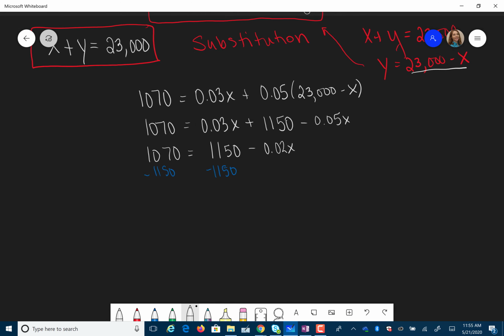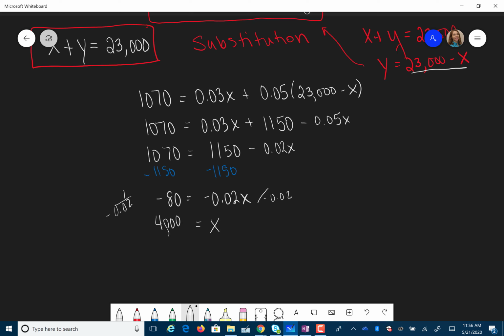Okay, and in that case we will have negative 80 is negative 0.02x, or dividing both sides, that will give us x is equal to 4,000.